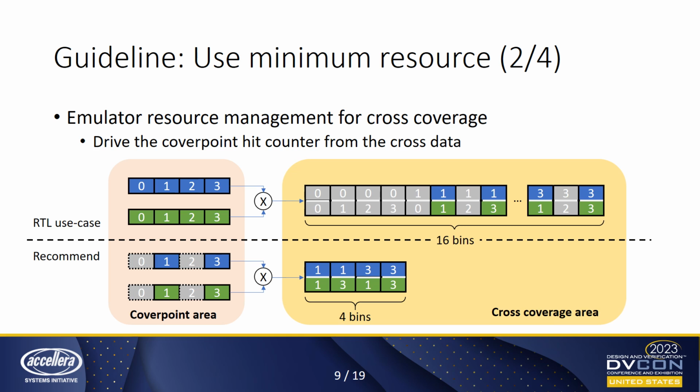On the other hand, if you remove invalid bins from the cover point area, you can save only valid bins in the cross coverage area. This is why the ignore bins should be applied in the cover point rather than the cross coverage area.